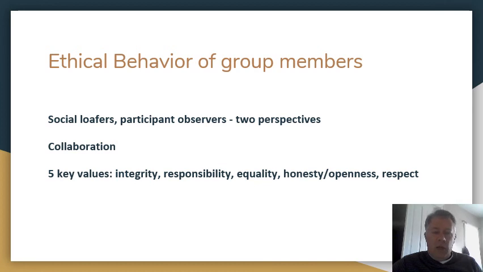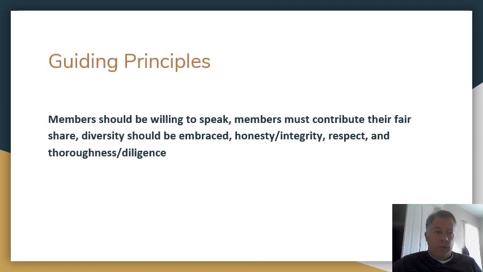So everybody's not going to be a clone doing the exact same thing. So that's a little bit of a tricky term. And members should be willing to speak. They should contribute their fair share. Diversity should be embraced. Honesty, integrity, again, respect, and thoroughness and diligence.